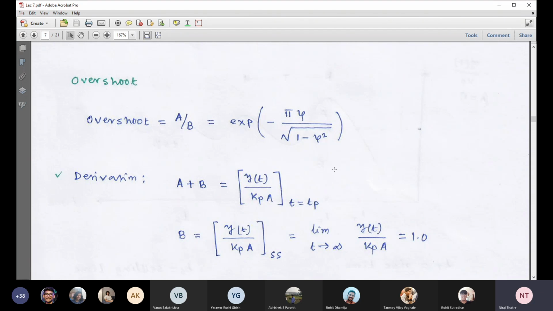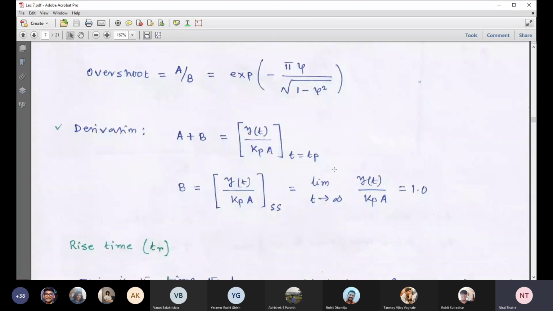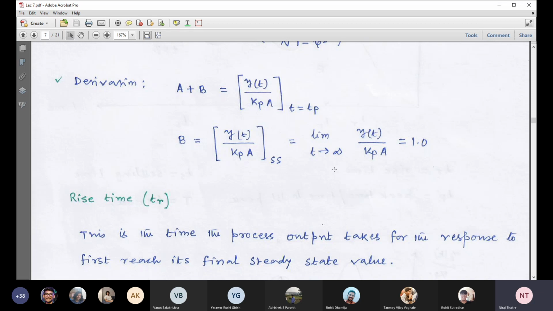Now if you have completed this, let us go to find the rise time. You first write the expression for rise time.